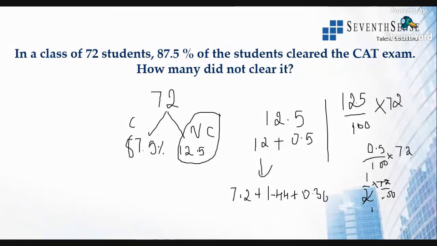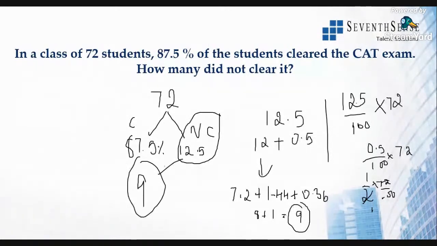So if you add all this, what will be the value? 7 plus 1 is 8, plus 1 is 9. So totally 9 students did not clear.